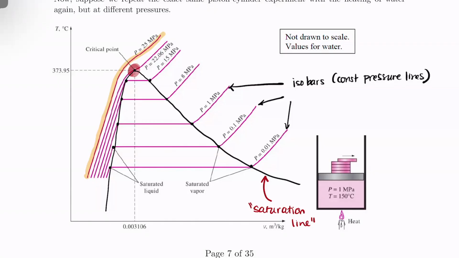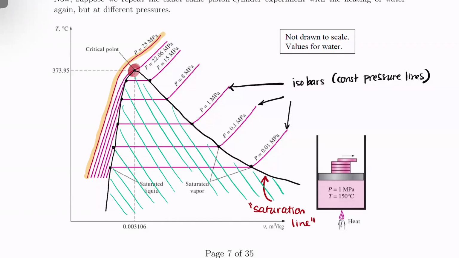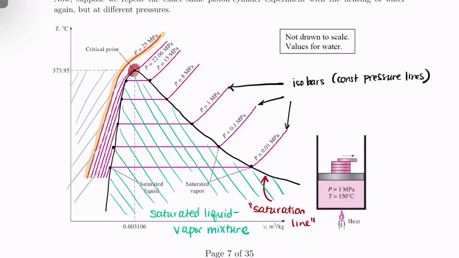All right, so if you think about it, everything underneath the bell of this curve, so everything in here, represents a saturated liquid vapor mixture. Everything over here on the other side of this curve is our compressed liquid.